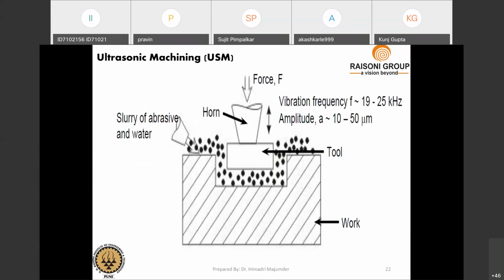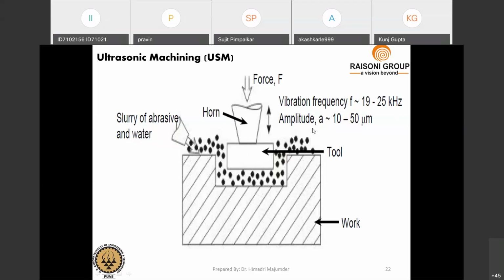Okay, so this is a schematic diagram of the working principle of USM. Here you can see the horn. The tool is fixed through a horn, so that force is given directly to the horn, and through the horn it comes to your tool. Vibration is given on the horn. The vibration frequency is 19 to 25 kilohertz.